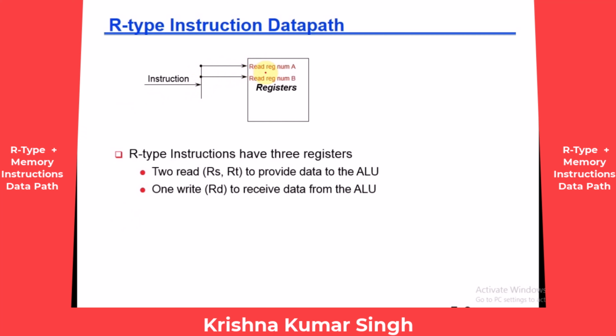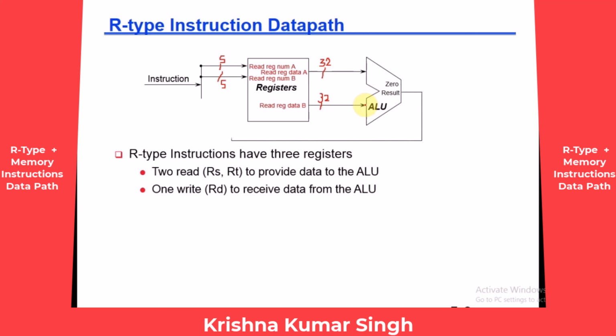So we can give the values of Rs and Rt into register number 1 and register number 2 of the register file. Each of these lines consists of 5 bits and specifies one register, then the register file gives us the values of these two registers. And these are 32-bit data.